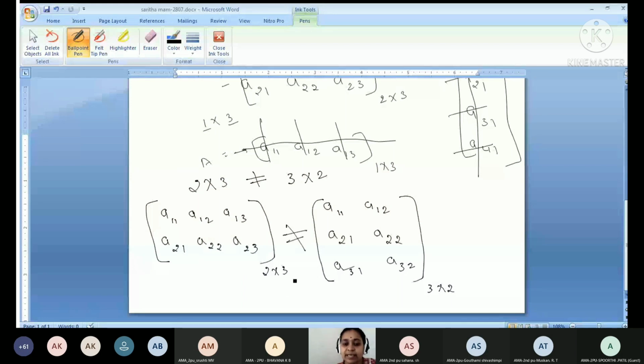Matrices are not equal, but the number of elements is equal. I hope you have cleared your doubts from the first class. Second class, what I told yesterday, I discussed types of matrix. So let me quickly go through types of matrix.